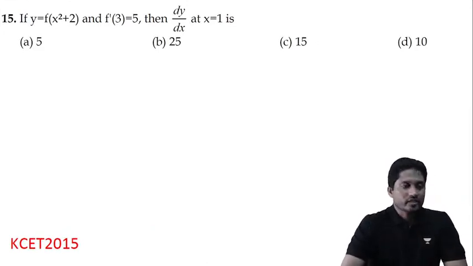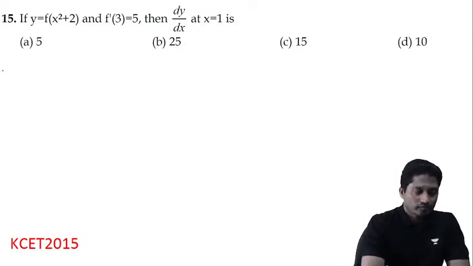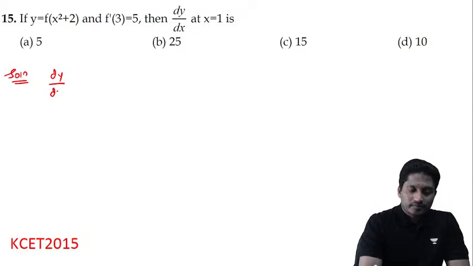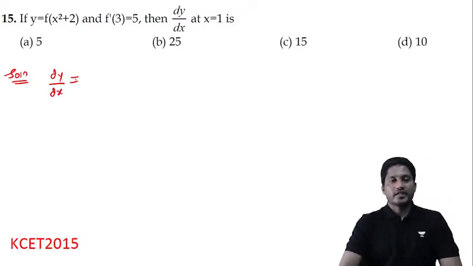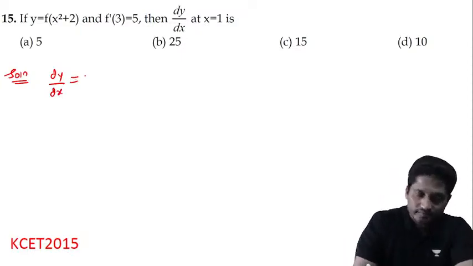Y is equal to f of x square plus 2. If f dash of 3 is equal to 5, then what is dy by dx? Okay, dy by dx is equal to differentiation of f, which is f dash of x square plus 2.